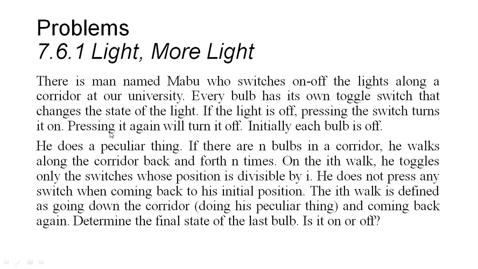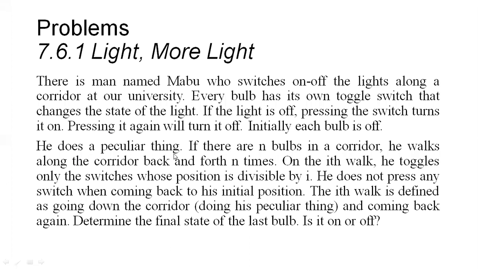And there is one person, the name is Mabu. His job is to turn the lights on and off. Initially all the switches are off. So he does a particular thing.